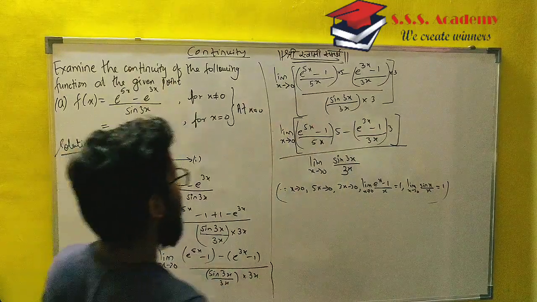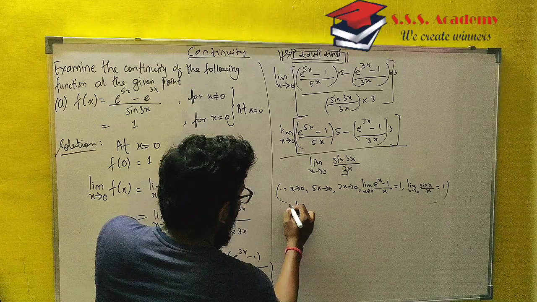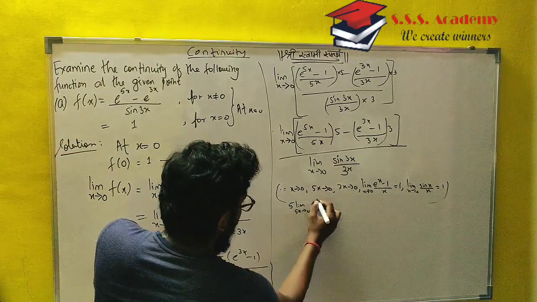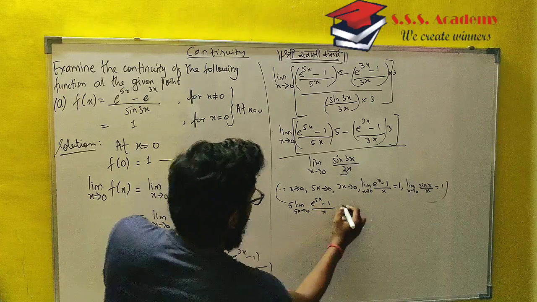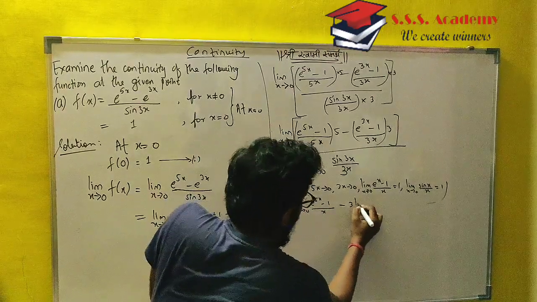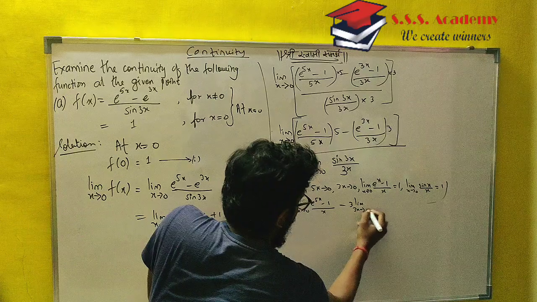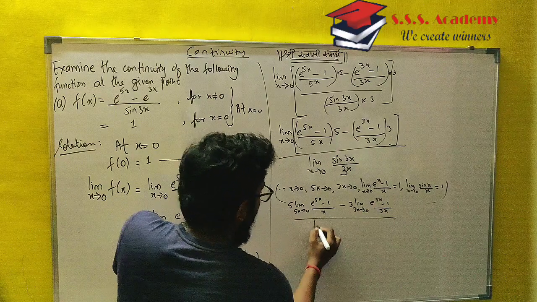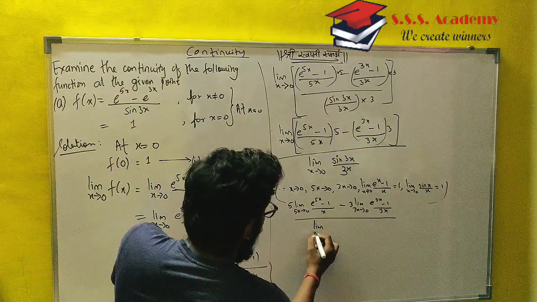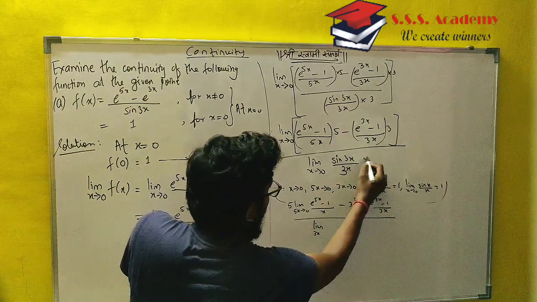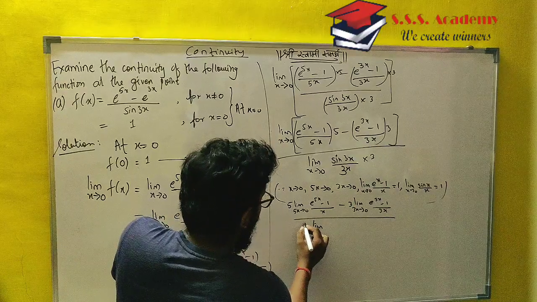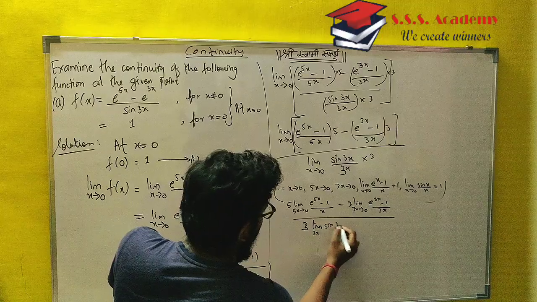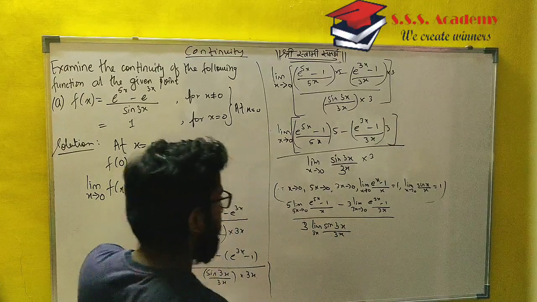So we rewrite this once again in the numerator by applying the limit: limit 5x tends to 0, e raised to 5x minus 1 upon 5x, and limit 3x tends to 0, e raised to 3x minus 1 upon 3x, the whole divided by, in the denominator, limit 3x tends to 0 of sine 3x upon 3x, with the 3 written before the limit.